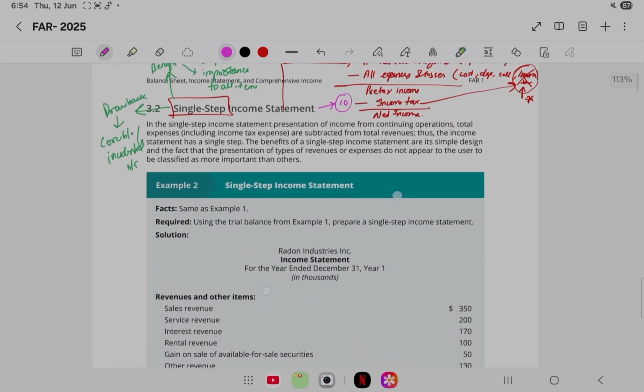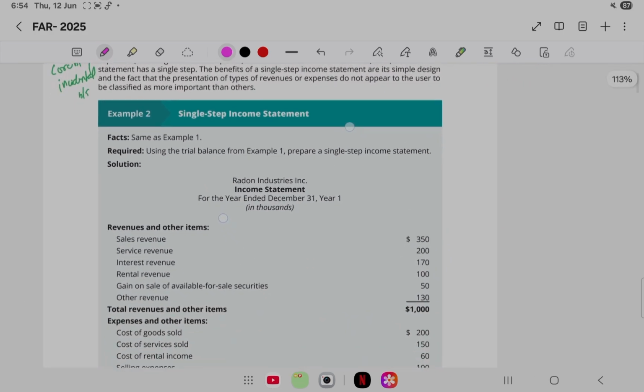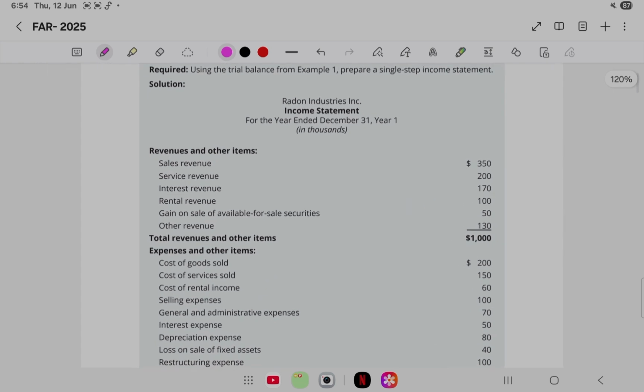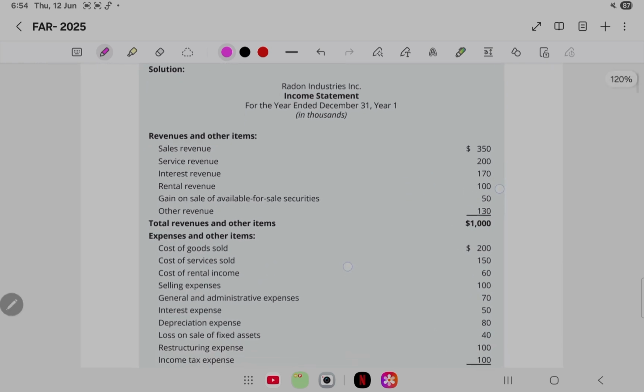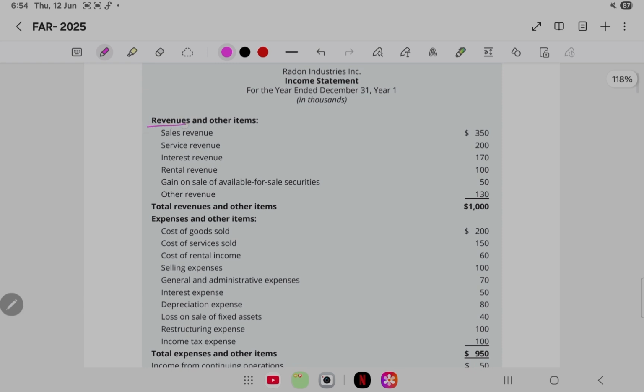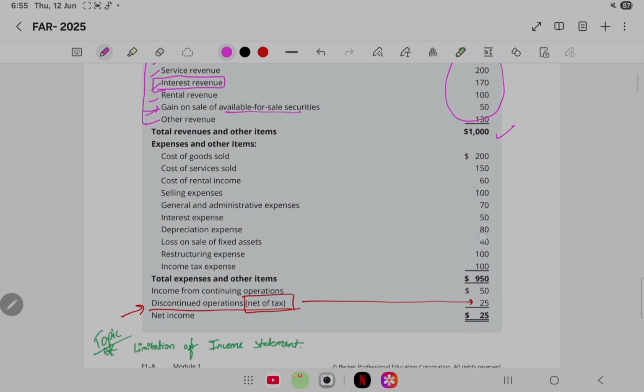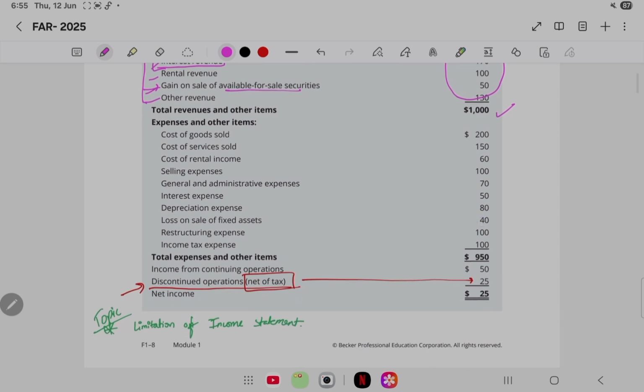Comes to the single step income statement. Here we write down all the revenues: sales, service, interest, which is a non-operating item in the previous model, rental income, gains on sales of service, which is also non-operating, and other revenue. We have included all the items here, and it comes out as $1,000.